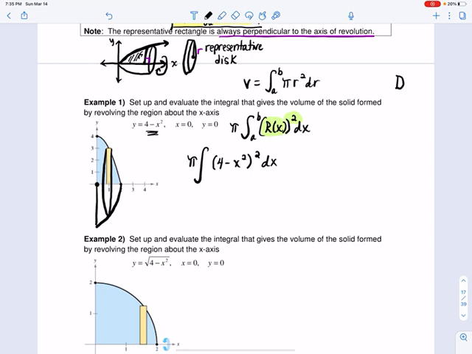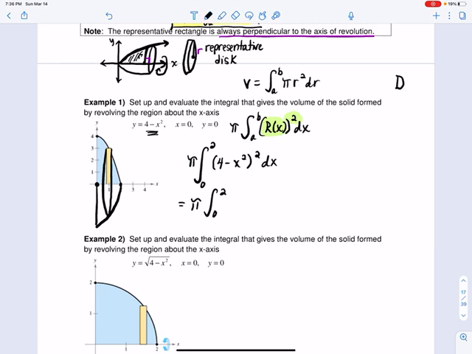So from 0 to 2, 0 to 2. So that is going to give me pi from 0 to 2. Now if I square this binomial, I will get negative 8x squared. Actually, let's put the x to the fourth first.